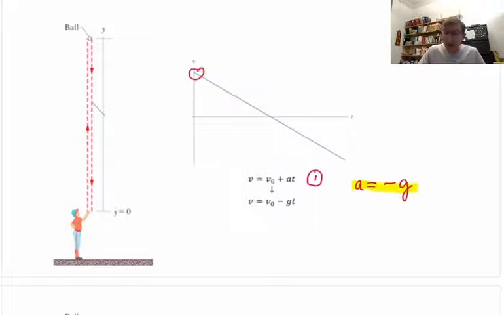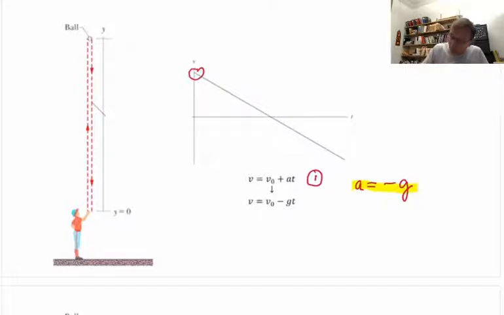Because remember, free fall acceleration is vertically down. But this problem chose the plus y direction vertically up. So the acceleration is in the negative y direction. That negative sign is therefore important. You must write it when you write down the expression for a. Okay?